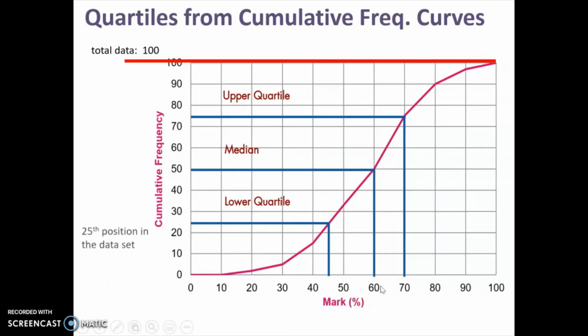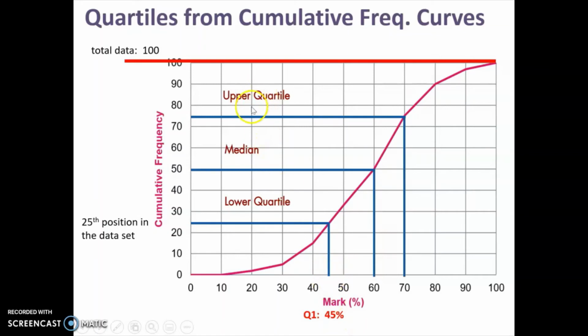Here's the 25th position in the data set. 25th position in 100 is our Q1, right? Because Q1 is 1/4 of the way through data, and 1/4 of the way through 100 data points is data point number 25. So if I go across at 25 and go down, that tells me our Q1 mark on this test is 45%.